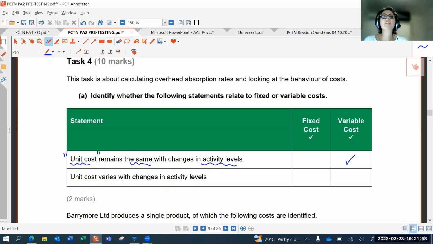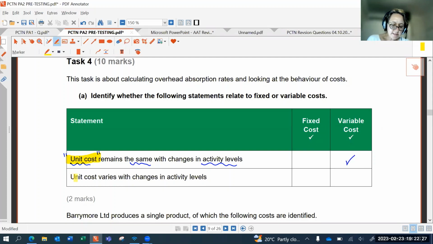It's not looking at the totals. And that's why we've got to be super careful how we read that particular sentence. So it starts there with the word unit cost. So the cost of a unit, the cost of one student attending the course, is £35. That's the cost of their folder. It costs £35 per folder, whether I buy 1 folder or 100 folders. They're still £35 each. And that's the variable cost.